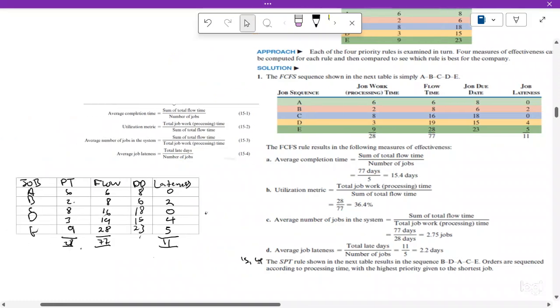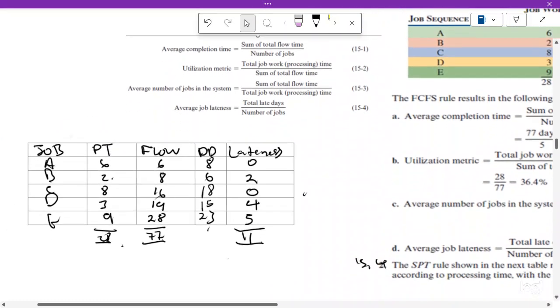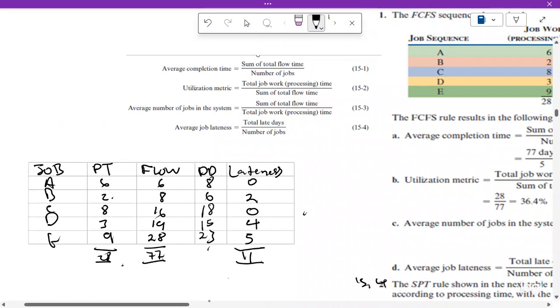Then you use this formula now. Number 1, the average completion time equals the sum of total flow, which is 77 over number of jobs.